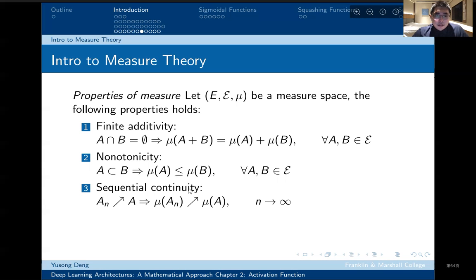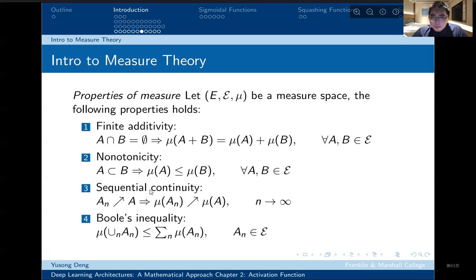And the other one is sequential continuity. And the fourth one is Boole's inequality, I can't pronounce the name correctly, which means the measure of the union of A_n is smaller than or equal to the sum of the measures of each of them.